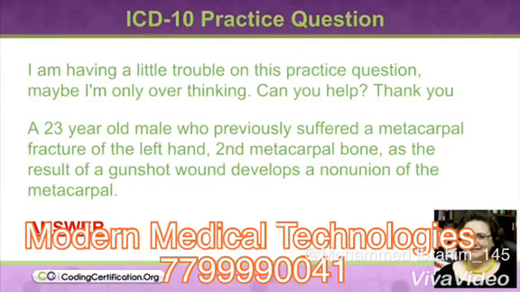So to be able to tell that this guy suffered this injury from a gunshot wound, you can use that. Now, in addition, E-codes in ICD-9 are only used the first time that the person is being seen. You wouldn't use it on a sequela or a subsequent visit. But with ICD-10, you can.